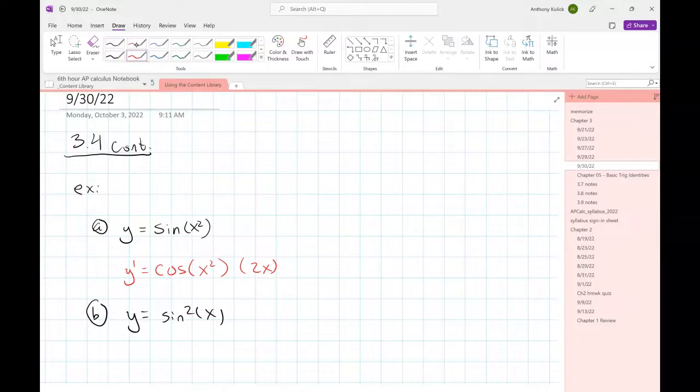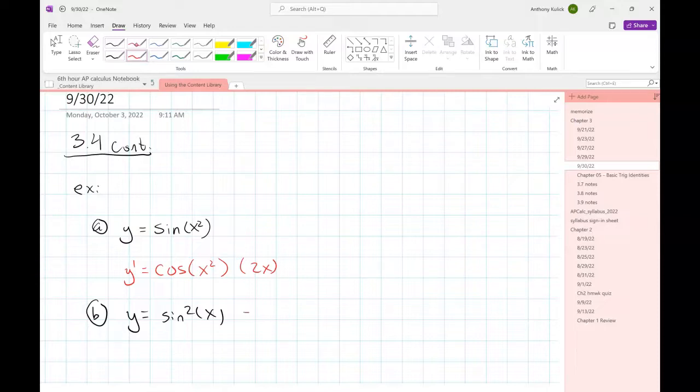So let's say we have sine squared of x. What's the outer function? Nope. X squared is the outer function.